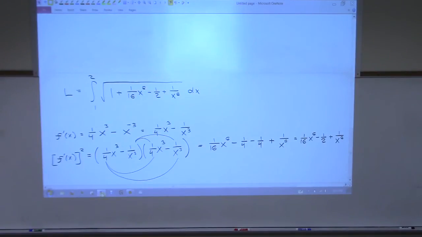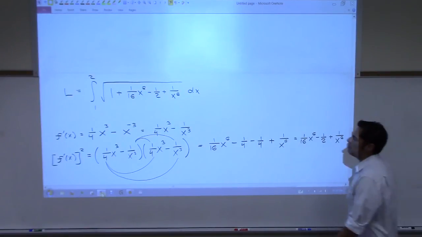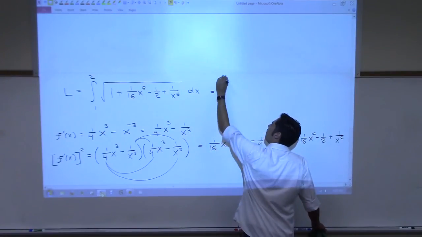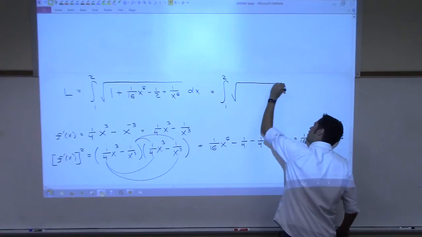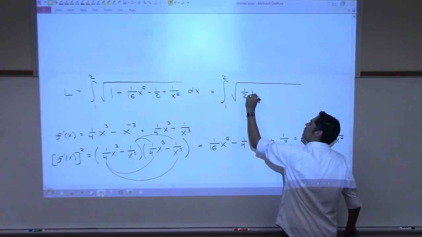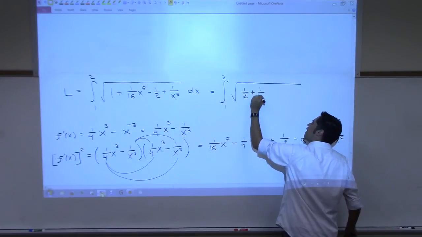Can you clean that up at all? Or do anything with that? You can combine some like terms, can't you? That 1 that you have minus the half.